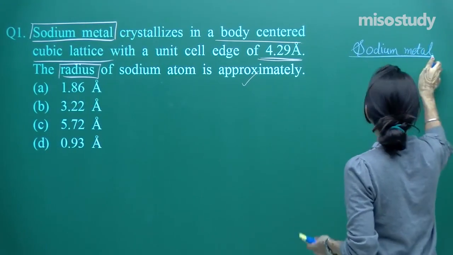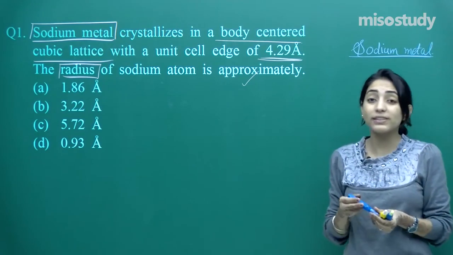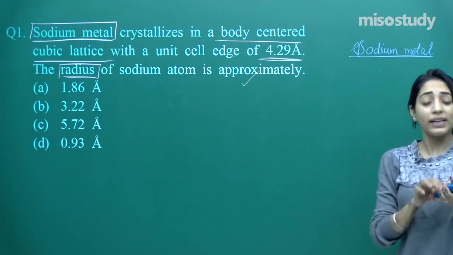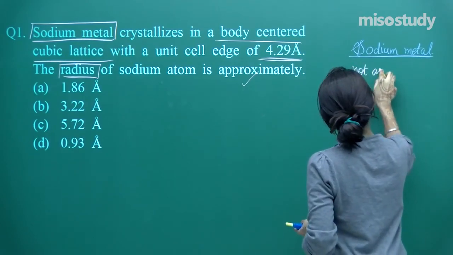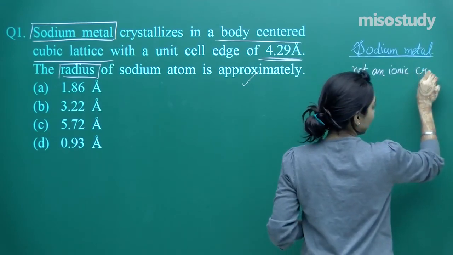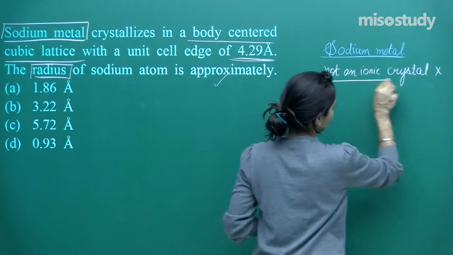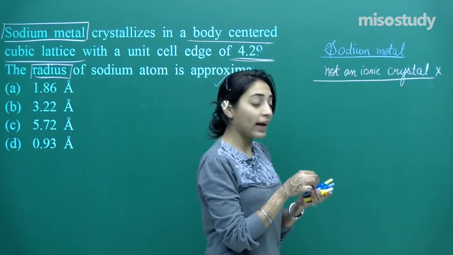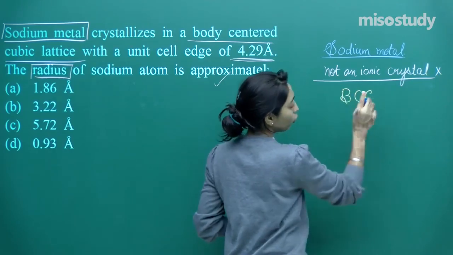So we have sodium present as a particle, just as an atom. It is not an ionic crystal, so we are not considering any ionic crystal.